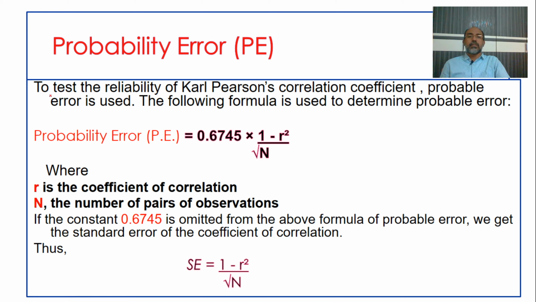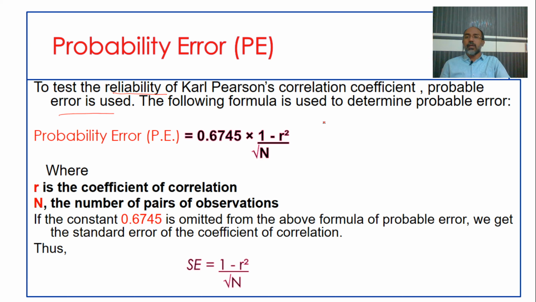It is used to test reliability: how accurate or reliable the correlation R value is. The probable error is used to test the reliability of the Karl Pearson coefficient.